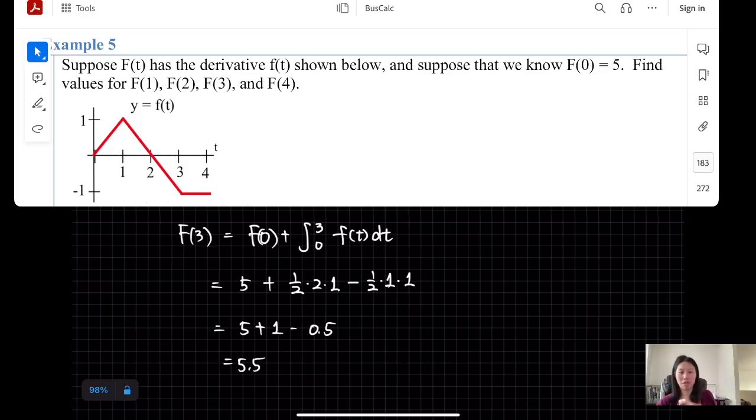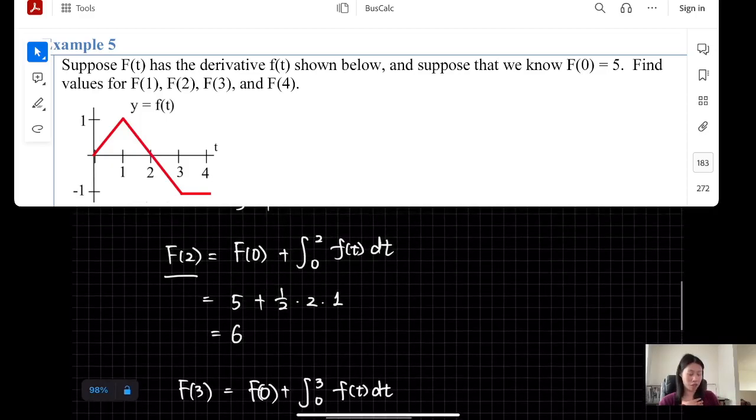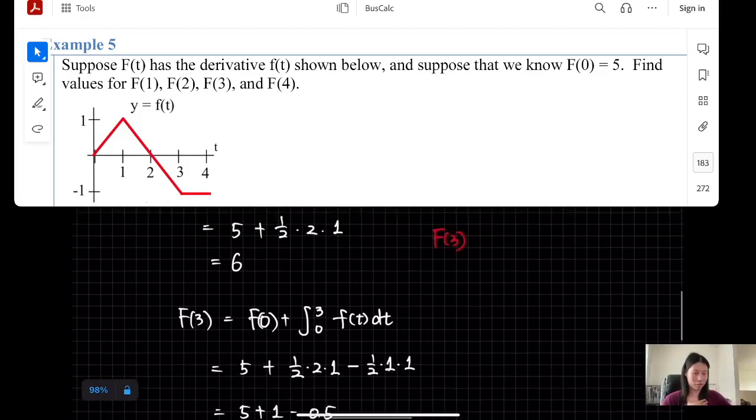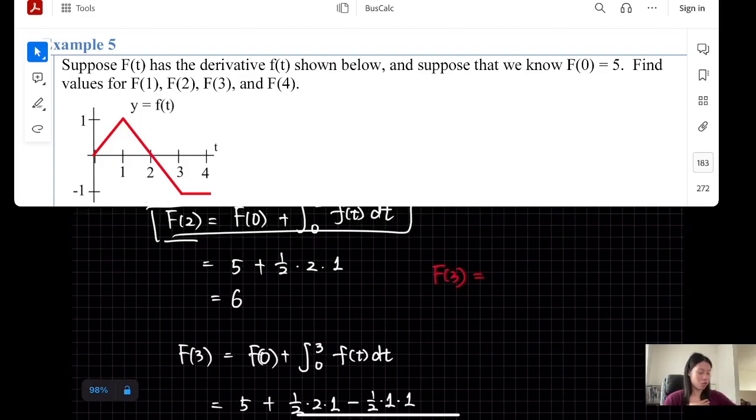So you may think there's another way to do it. You're correct. Since we already have the answer for f of 2 earlier, maybe we can start from 2 to 3, because we can define f of 3 equals f of 2 plus the integral from 2 to 3, the area from 2 to 3 bounded by the graph f of t, dt, and the x-axis.